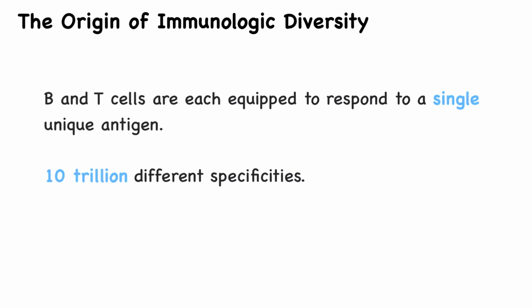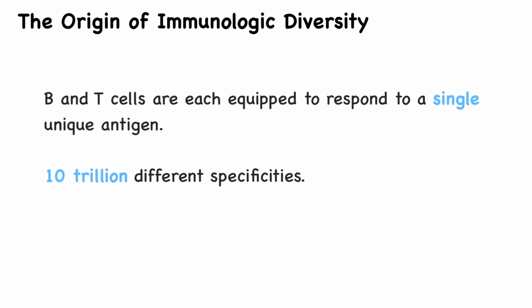One of the most remarkable features of the adaptive immune system is its ability to recognize an enormous variety of antigens. Each B cell and T cell is equipped with receptors specific to a single unique antigen.